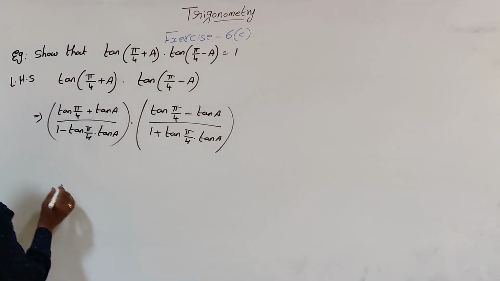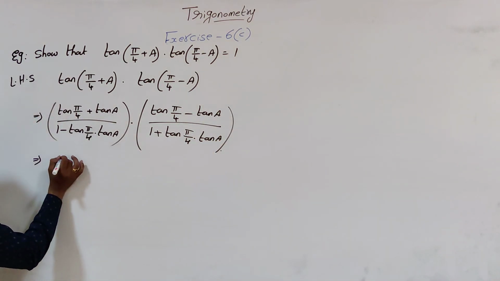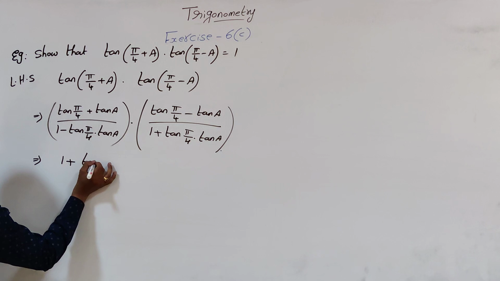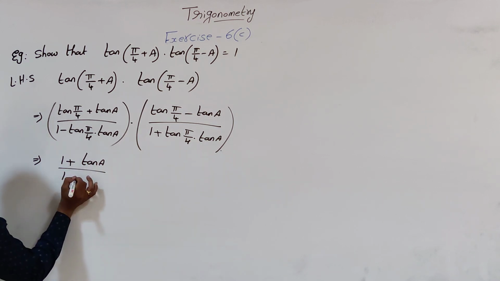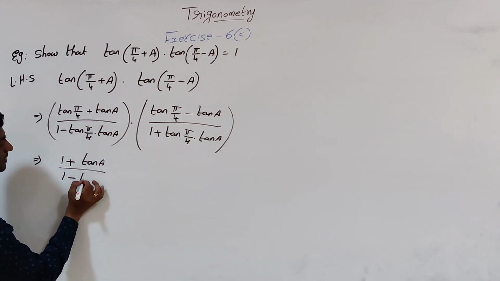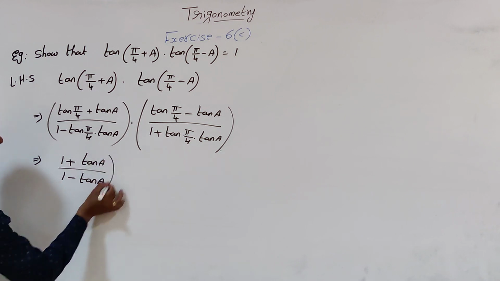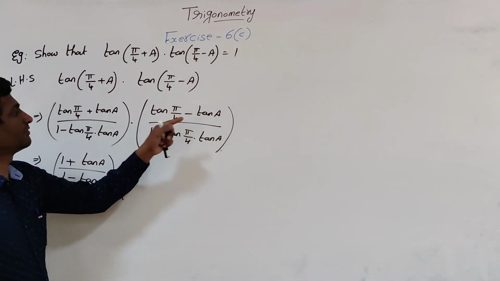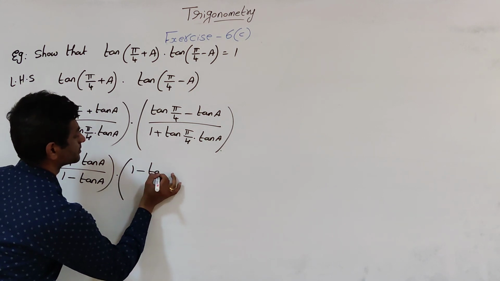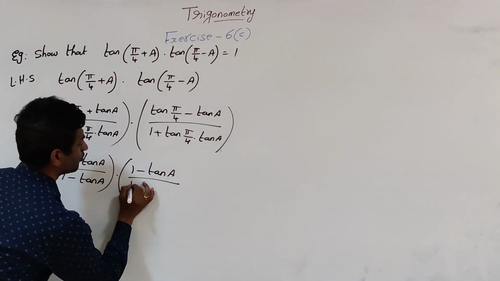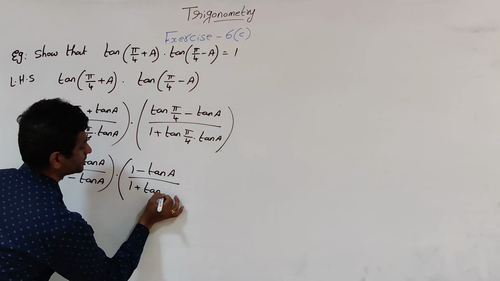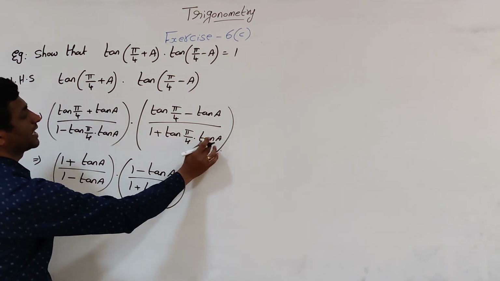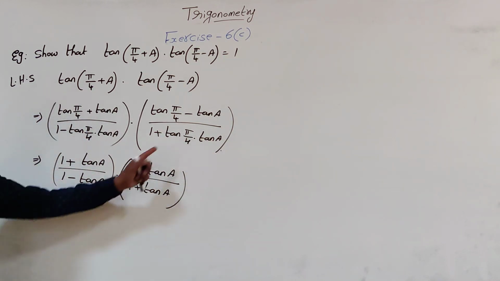As we know, tan pi by 4 value is 1. So 1 plus tan a by 1 minus 1 into tan a, which is tan a, into 1 minus tan a by 1 plus tan a, as tan pi by 4 is 1, into tan a is tan a.